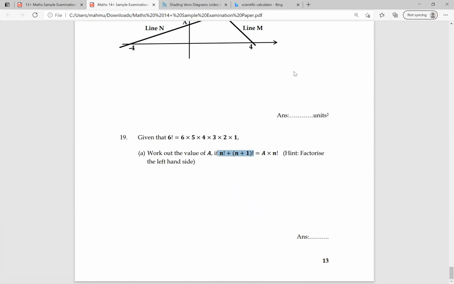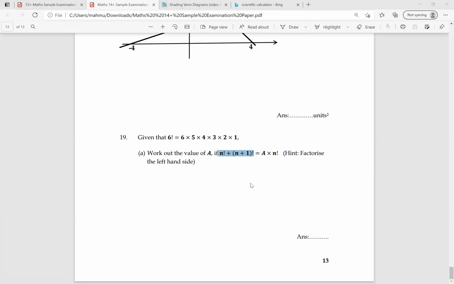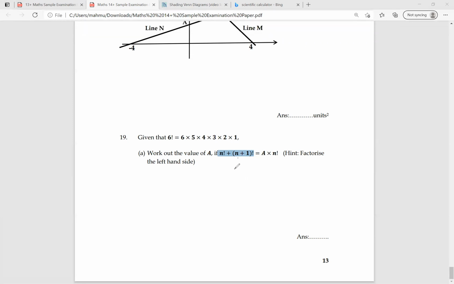Okay, let's open this up first. So I'm going to have n squared plus 1 factorize, and add it to n squared.